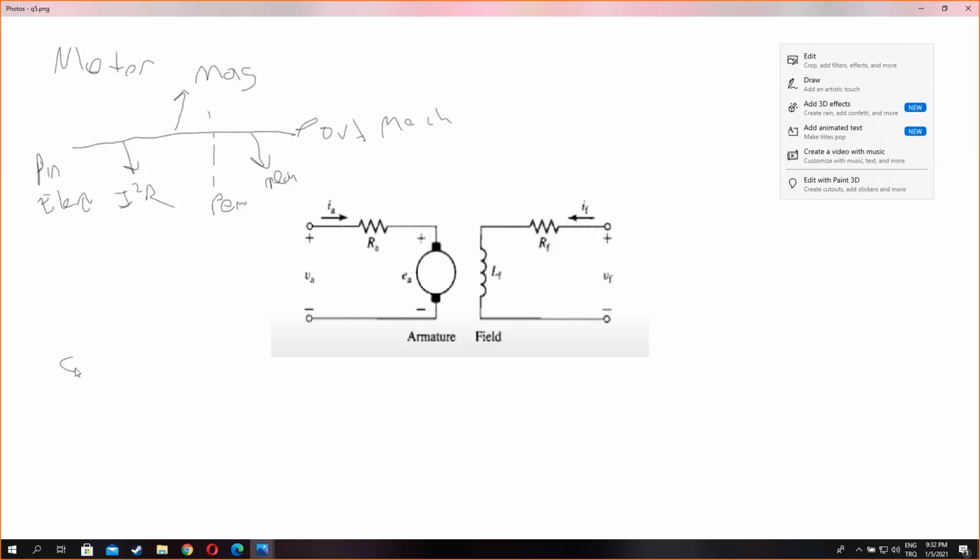In the generating case, the P-in is mechanical, and we have the windage and friction losses in the rotor side, the rotation side. P loss mechanical.